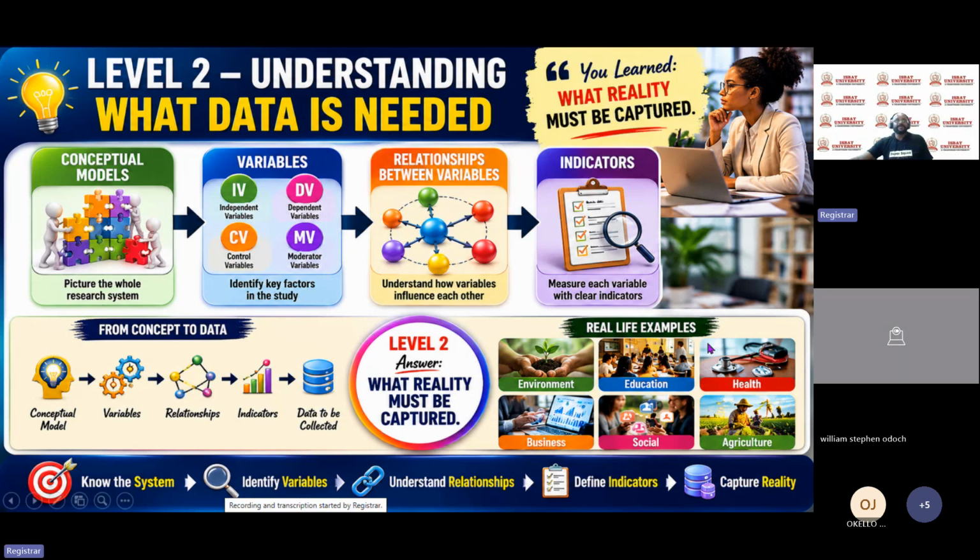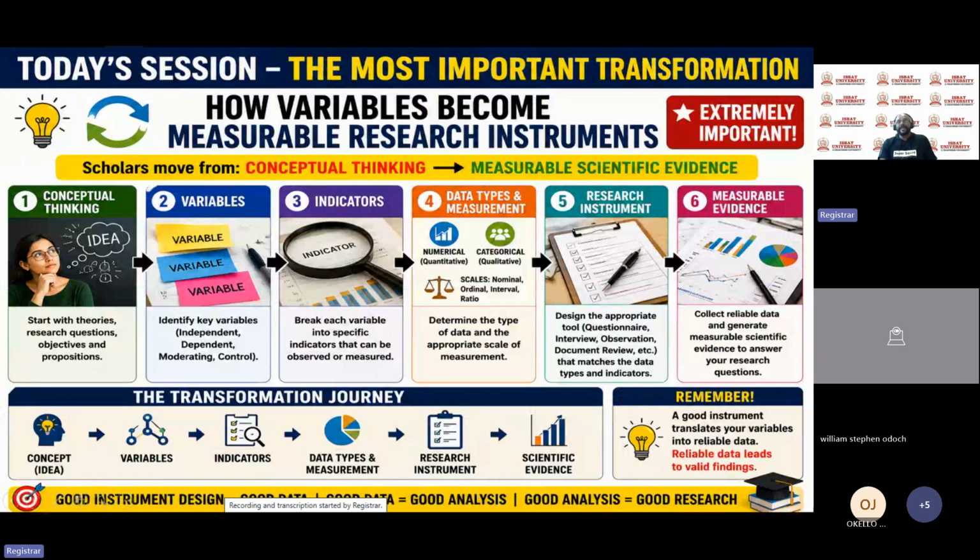Now we are moving to today's session. And I say this is the most important part for a researcher because if you are not able to capture the indicators and the reality from the real population as data samples, your research will be a research, but it will become worthless. So today we are going to see how variables become a measurable research instrument.